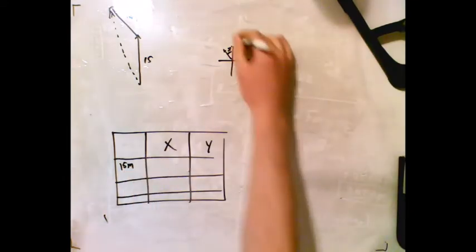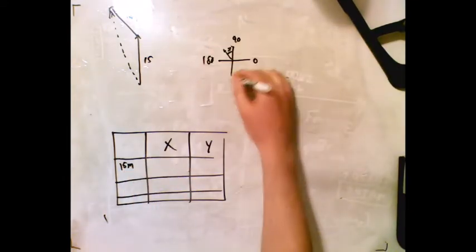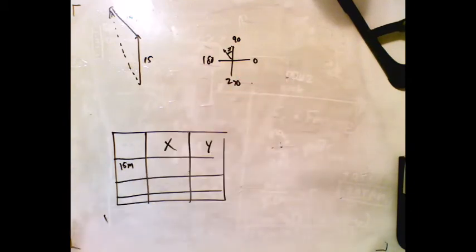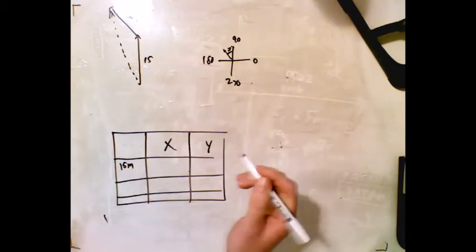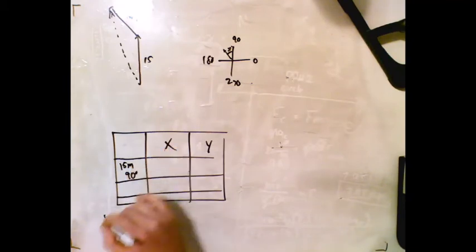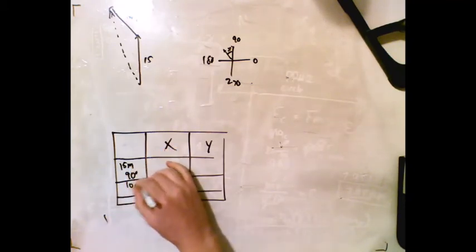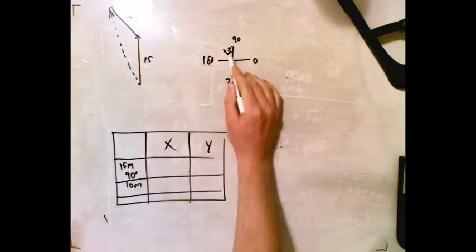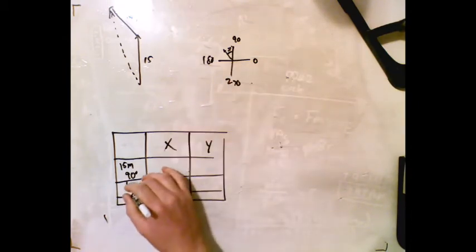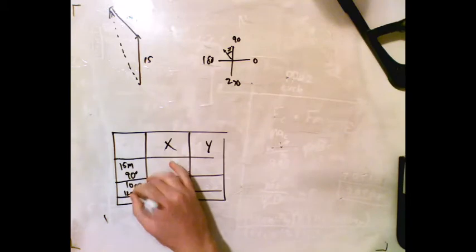Remember that we go 0, 90, 180, 270. So this is going to be 90 degrees in RCS. And then the other one is 10 meters and it's 35 degrees west of north. So it's going to be 90 plus 35, which will give us 125 degrees.